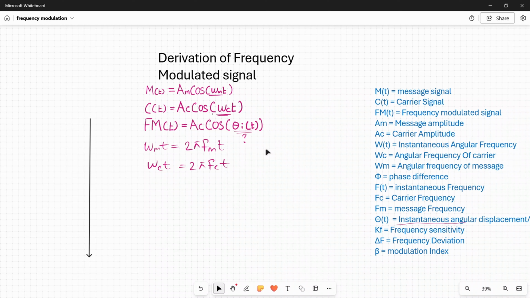for us to define angular displacement, we have to define angular velocity or angular frequency. Angular frequency is equal to the rate of change of phase. Theta of t is actually the phase of the wave, right?